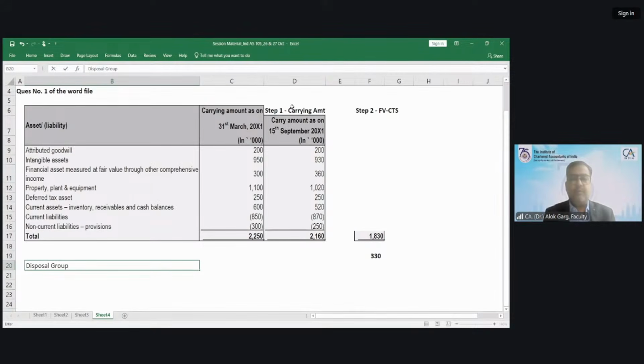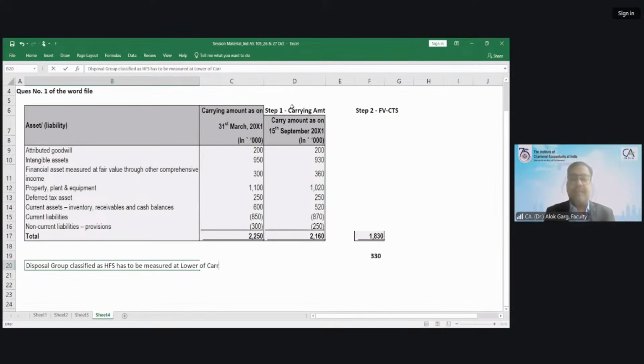A disposal group classified as held for sale has to be measured at the lower of what?